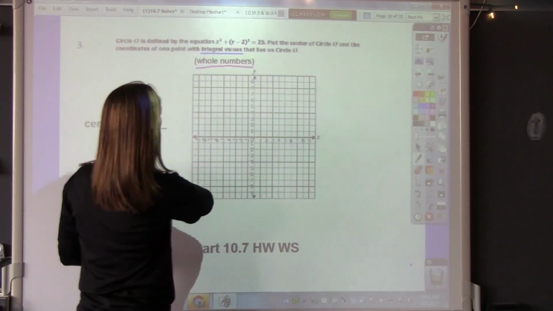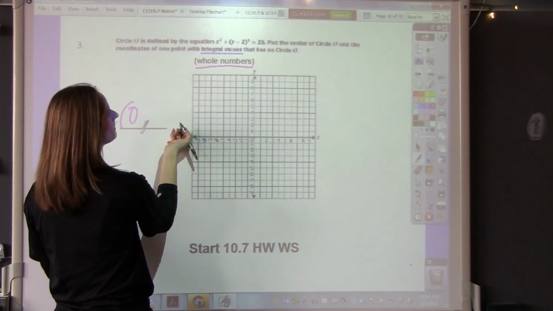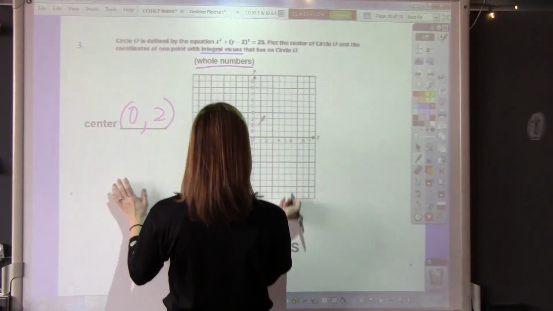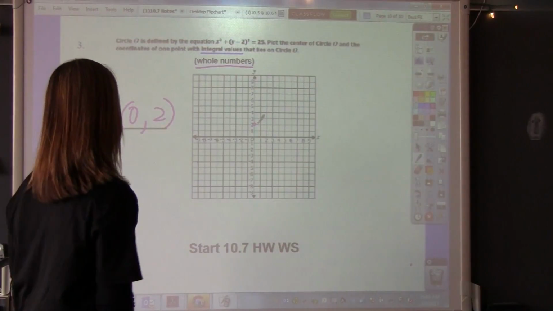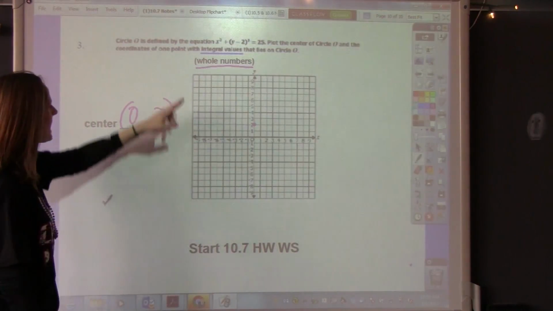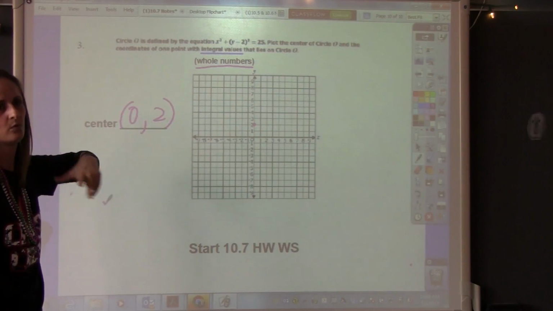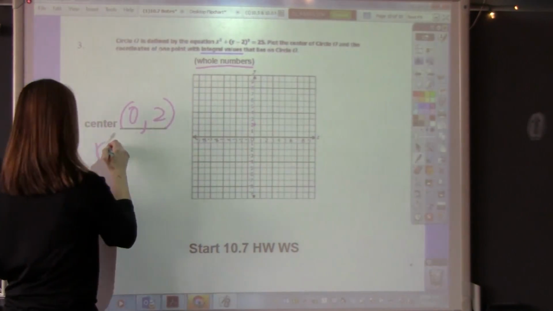Okay. So, let's plot the center. The center should be at 2, 2. And now we have to choose one point on the circle. So, how do we get that? What's the radius? 5.